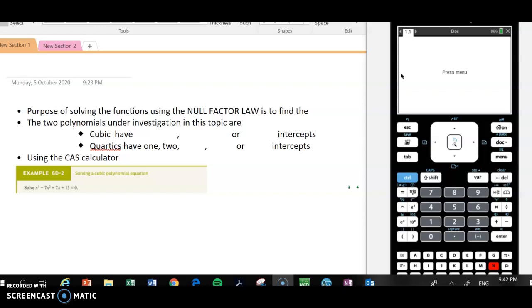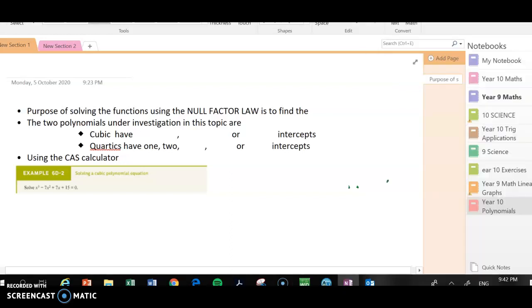Right, so let's take a look at what was discussed so far by Mr. Farragut. He talked about the null factor law. Remember, that's when we have a function equal to zero, and when we solve for it, we are finding the x-intercepts. Basically, we're learning how to look at two particular polynomials and eventually sketch them.